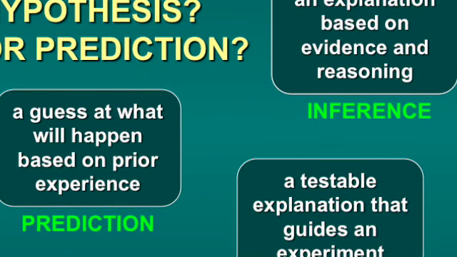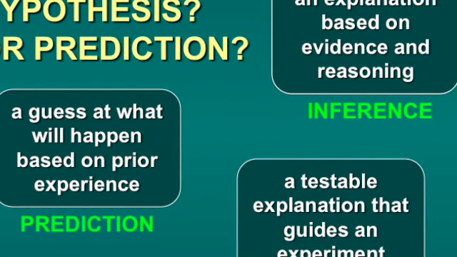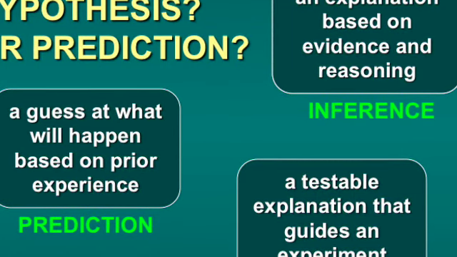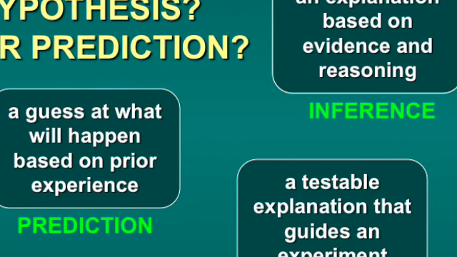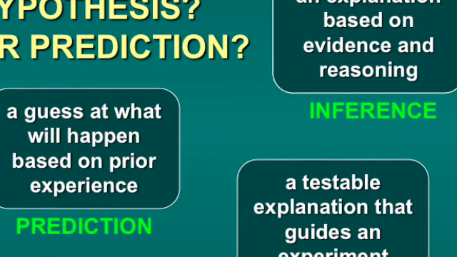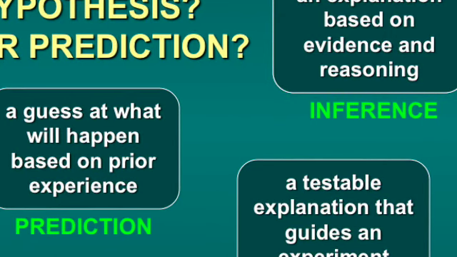So I know that this ball is going to come back down when I throw it up because of gravity. I'm explaining why it comes back down. And a hypothesis is a testable explanation. This is what will guide your experiment and how you will form your experimental design.